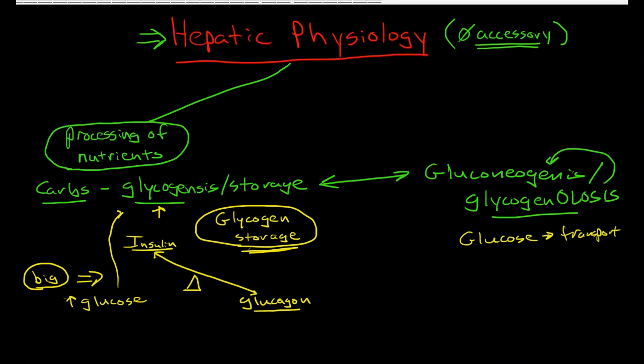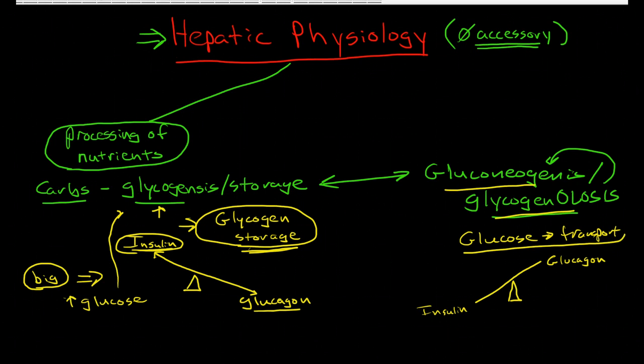When there is lots of insulin, the liver is in storage mode and it's producing glycogen for storage. When there is very little insulin, or the insulin-glucagon balance is tipped in the other direction, this would be fasting mode, then we begin the process of glycogenolysis and gluconeogenesis, so we can start cranking out glucose to be transported in the bloodstream.